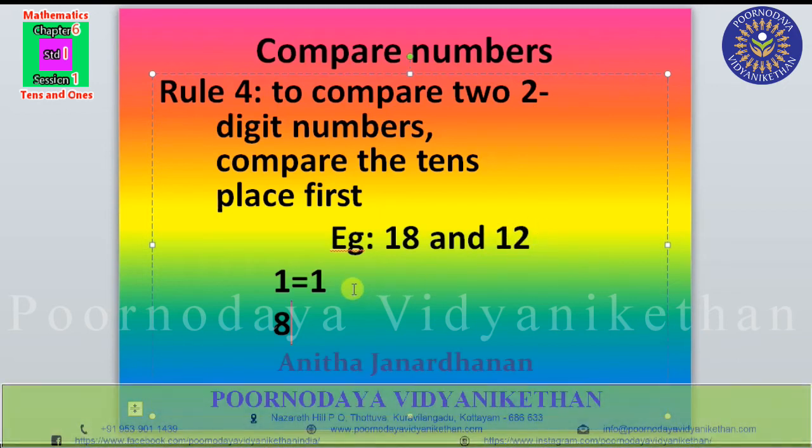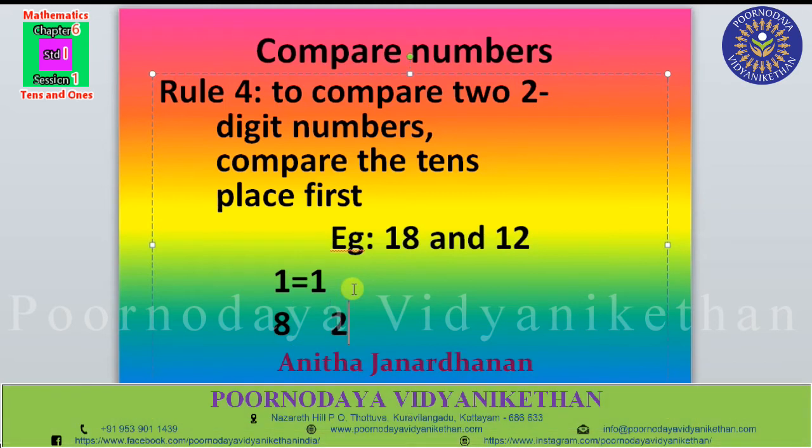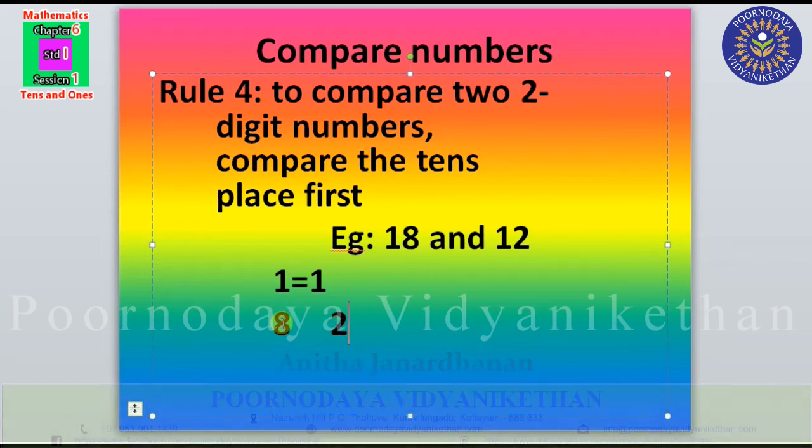So you have to write 2. Then compare these two numbers, 8 and 2. We know 8 is farther from 0 and 2 is closer to 0. So what can we write? 8 is greater than 2.